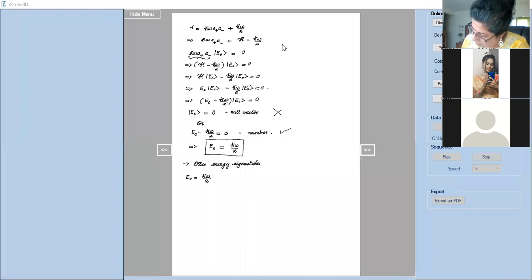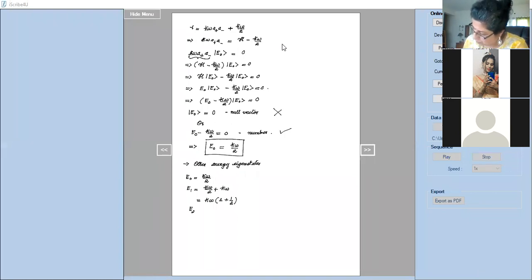Then we can have E1, the first, which is going to be h cross omega by 2 plus h cross omega, correct? Which is going to be h cross omega into 1 plus half. There's a reason why I'm writing it like this.